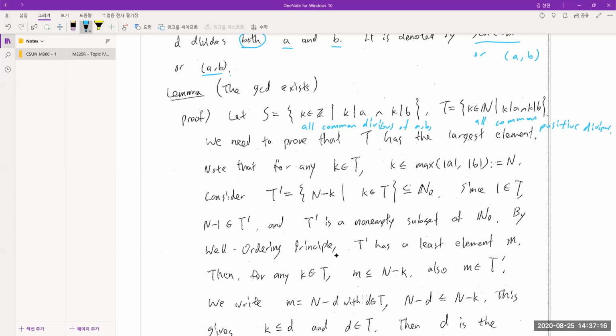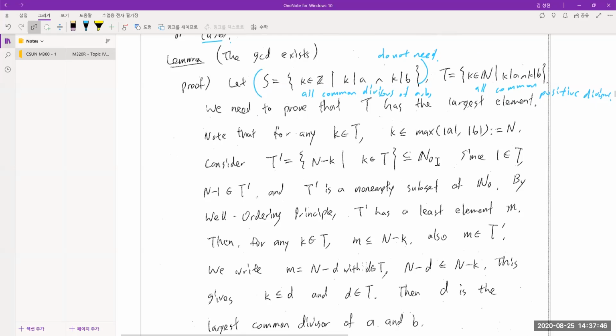Then we need to prove that T has the largest element. So the largest element in T will be the greatest common divisor. This is actually a mistake in writing the note. Actually, we don't need the set S. We do not need this. All right, we need to prove that T has the largest element.